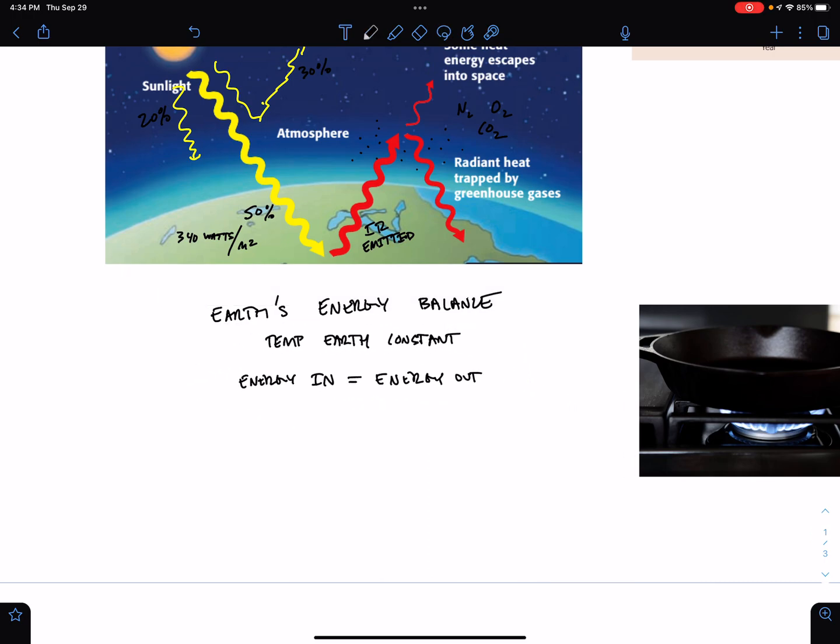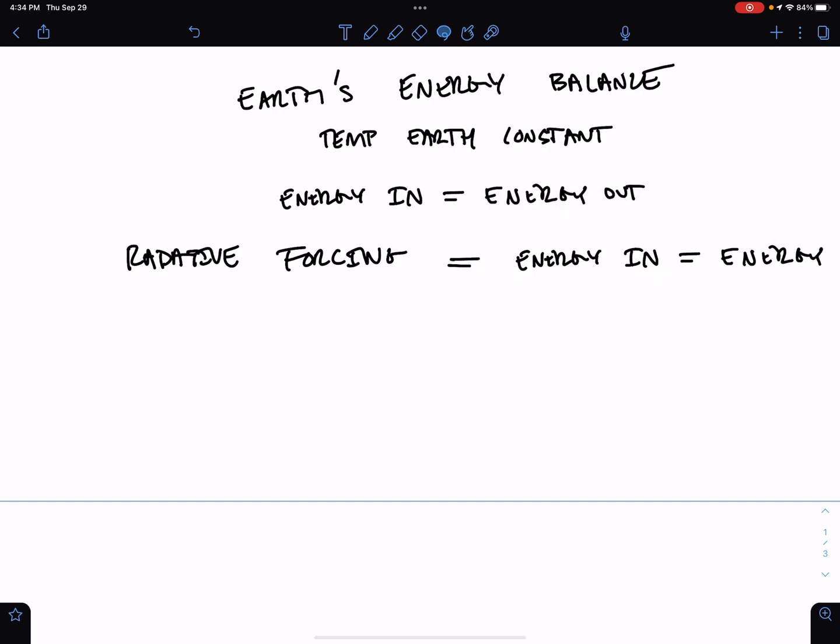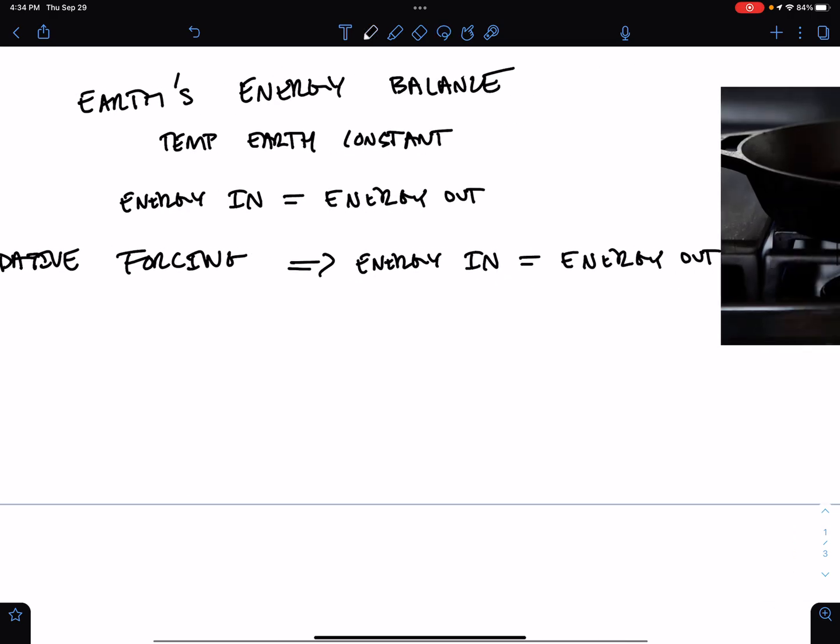Now, let's talk for a second about a concept called radiative forcing. Radiative forcing is when the energy in is not equal to the energy out.